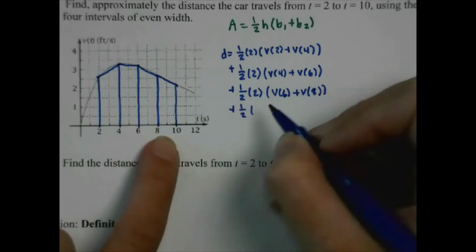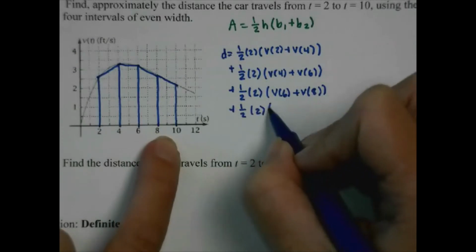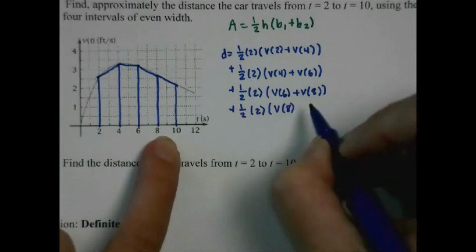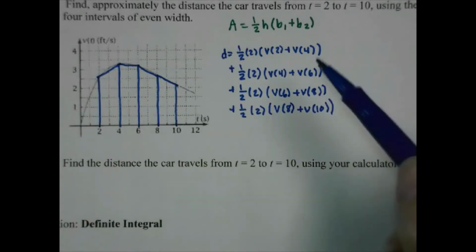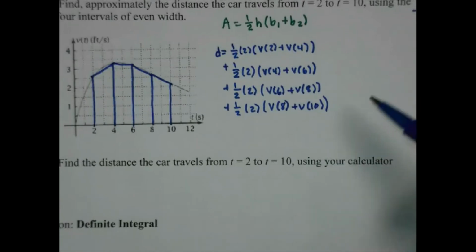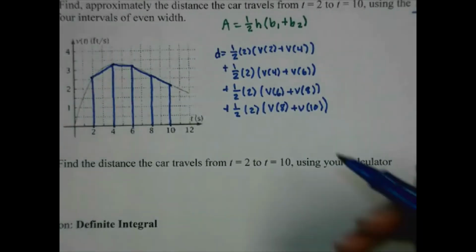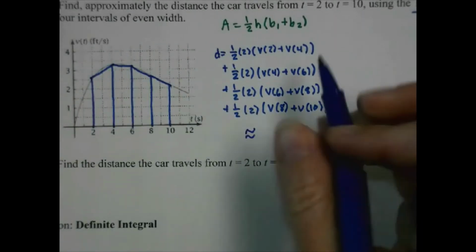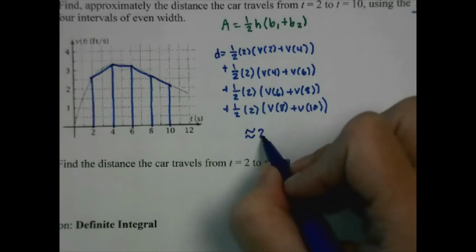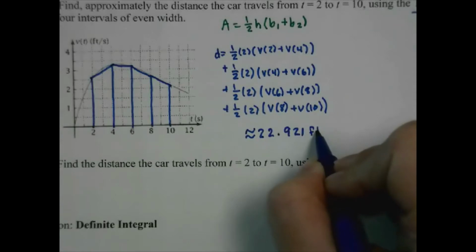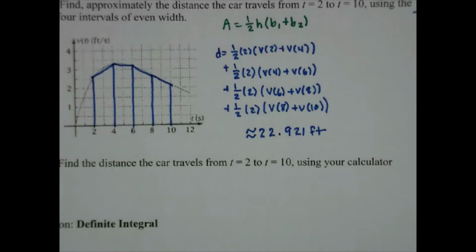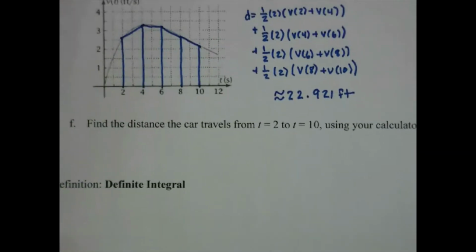And lastly, from 8 to 10. Then you plug in the corresponding numbers and add all of these up. This one gives us approximately 22.921 feet.